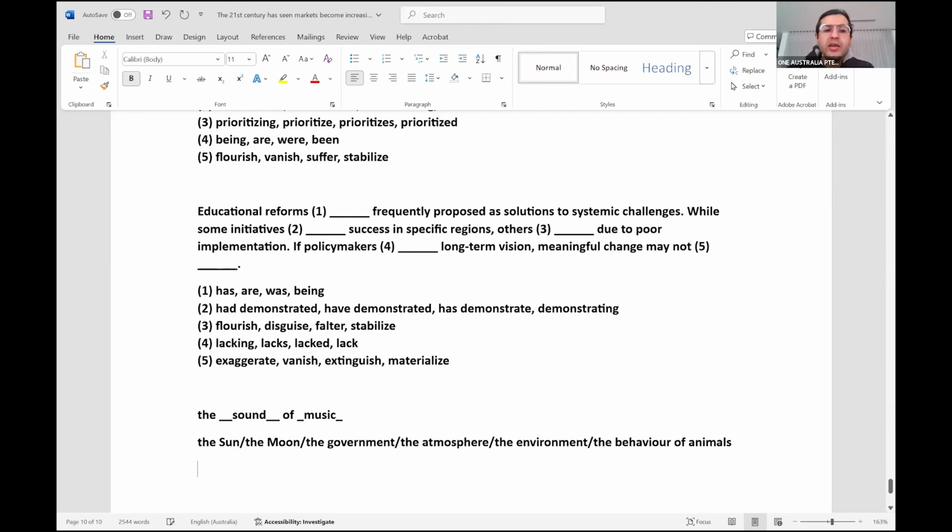But if there are uncountable nouns, for example, urbanization, globalization, before such words and also before uncountable nouns like milk, water, air, we don't add "the." We don't add any articles. Is it clear? If such words are used alone in isolation, we don't use "the."